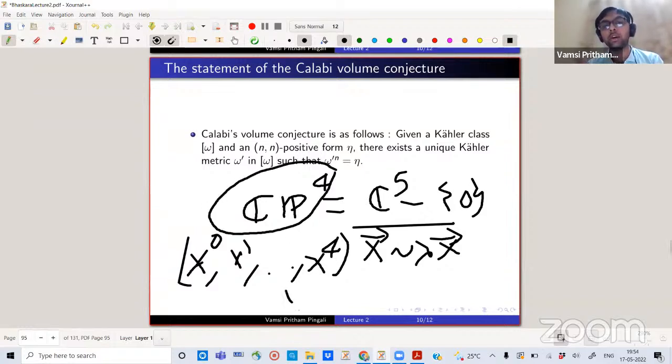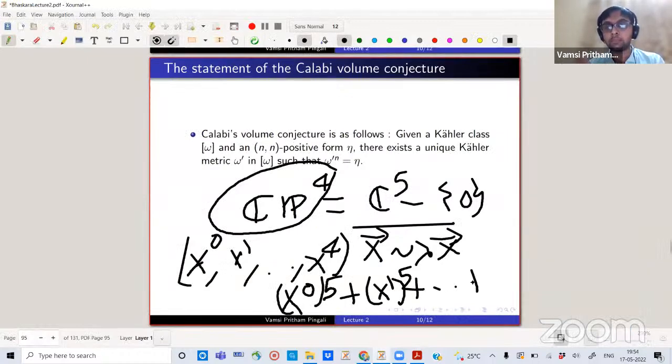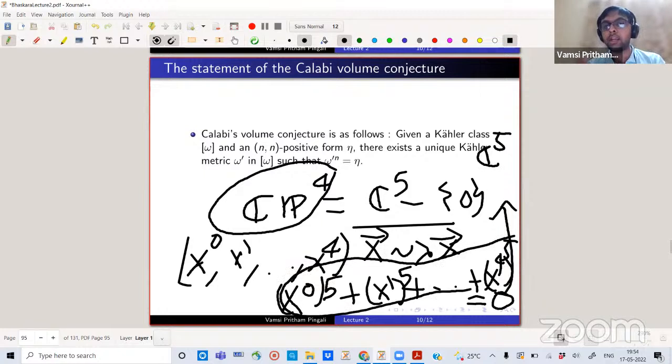You take your favorite homogeneous polynomial. In this case, it's x0 raised to 5 plus x1 raised to 5 plus so on, x4 raised to 5, and set it to 0. This is a subset of C5. Now, this subset gives you a well-defined subset of CP4, and it turns out it is a submanifold.